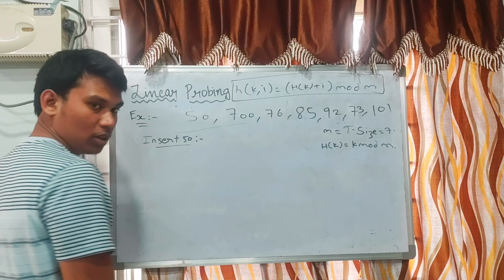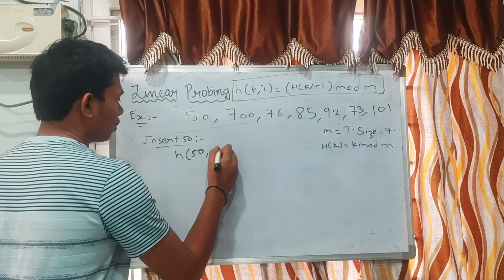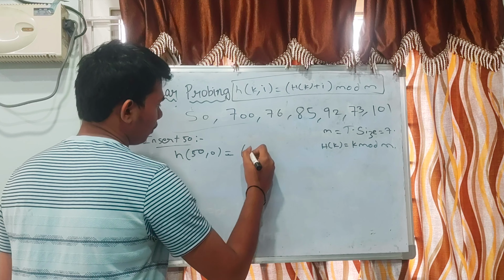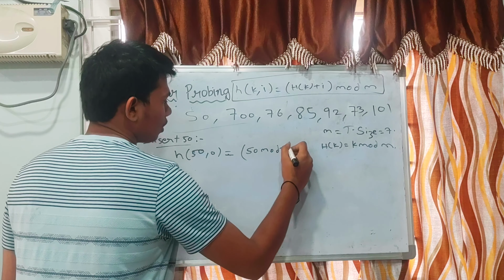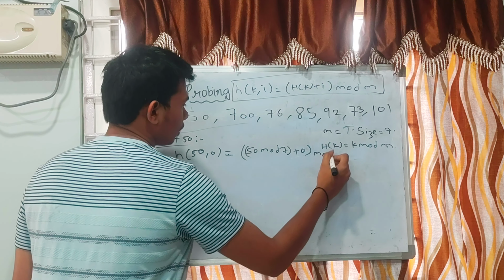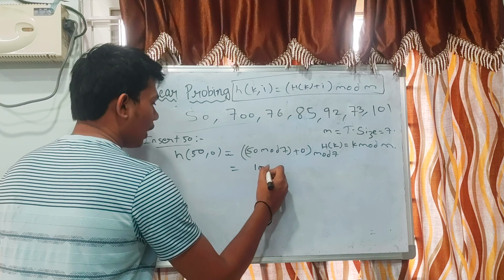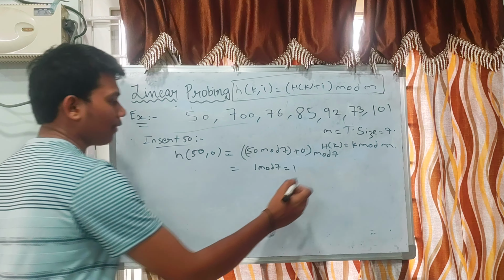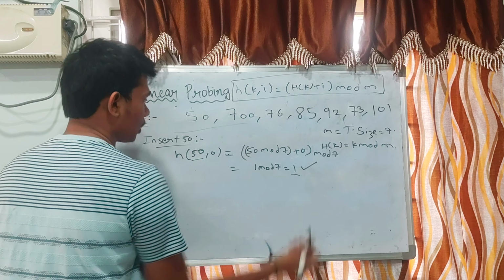So h of 50 comma 0 is equal to h of k, that is 50 mod 7, plus i which is 0, and again mod 7. So 50 mod 7 is 1 and 1 mod 7 is 1. As this is the first element, it will not have any collision. So we will insert the element 50 in location 1.